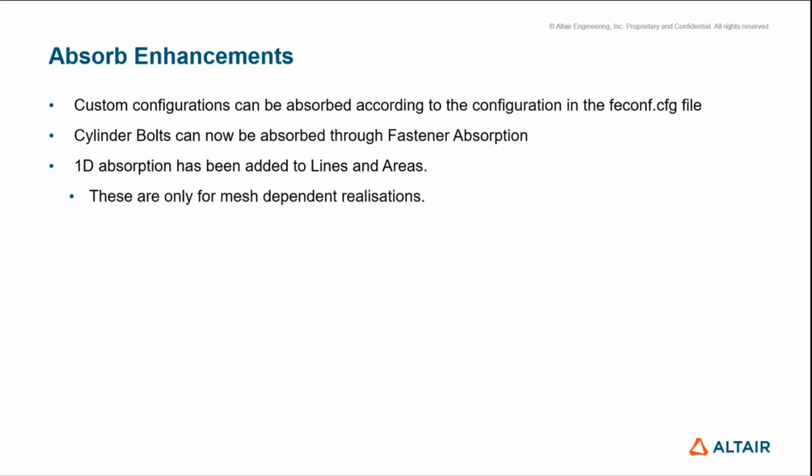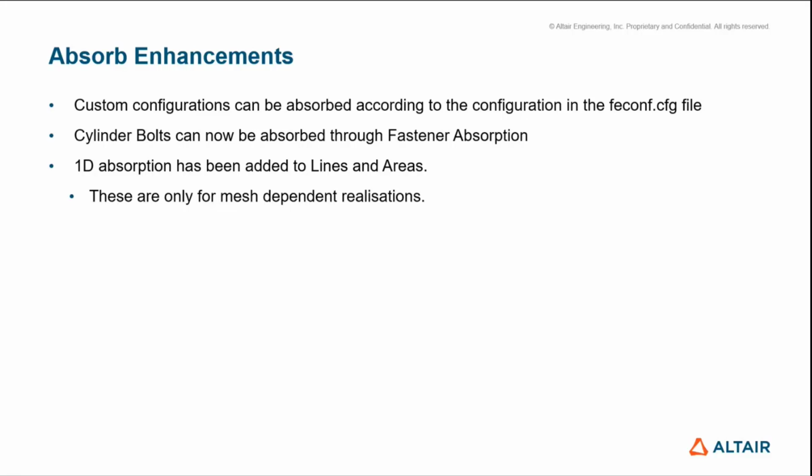If you describe a structure within the FE configuration file, we should be able to absorb that. We aren't able to process homemade postscripts to work out what the realization is doing, and I think that's relatively reasonable. But the rest of the realization, we are able to reconstruct. So if you have custom realizations from your customers, we should be able to absorb those now.